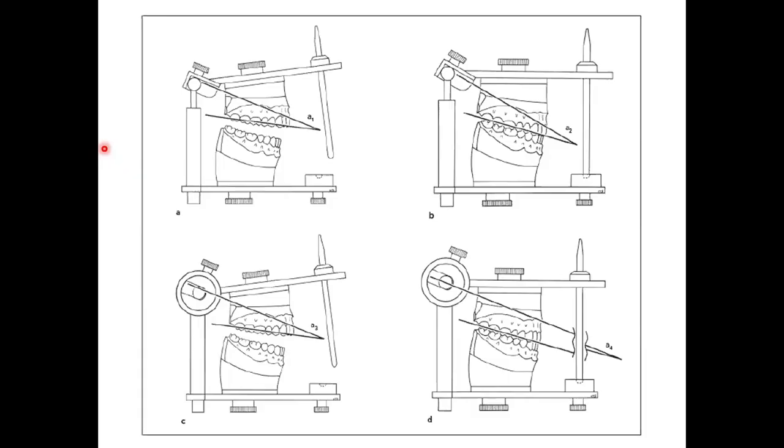For both of these, when you're fabricating an occlusion for a patient, it is ideal to use a semi adjustable articulator. A fully adjustable articulator, most people won't use. So it is enough to use a semi adjustable articulator.